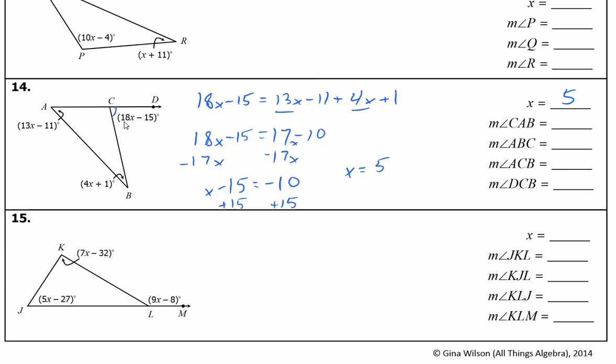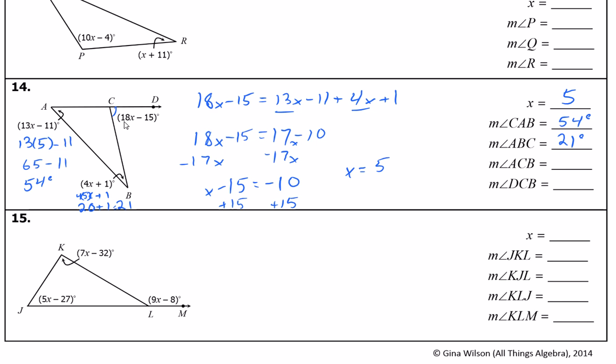Plugging back in, 13 times 5 minus 11 is 65 minus 11, which gives you 54 degrees. 5 times 4 plus 1 is 20 plus 1, so that is 21 for measure of angle B, which is ABC.